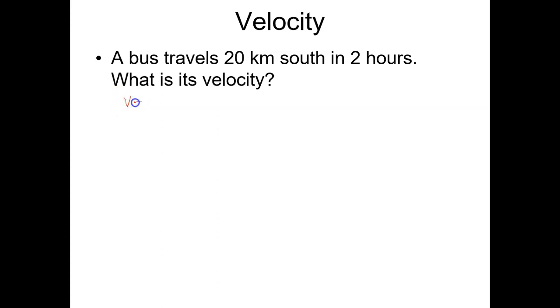So velocity equals distance over time. So velocity equals 20 kilometers over 2 hours. That would be 10 kilometers per hour. Now I have to add my direction, south. So again, fairly simple. You're just doing your speed formula, but adding your direction.